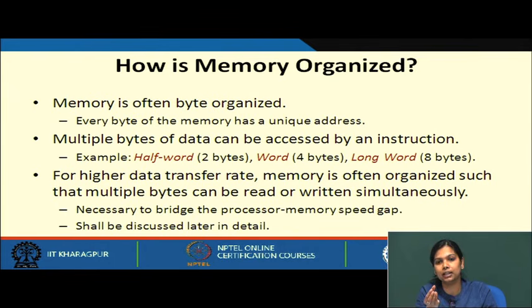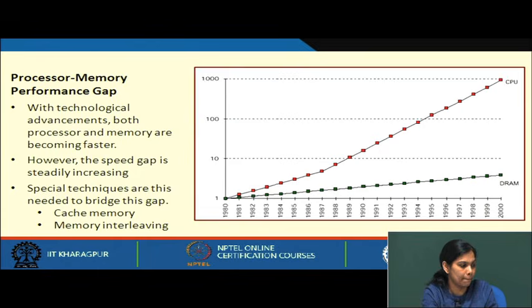As you know, processor speed is increasing, memory speed is also increasing, but not at the pace at which the processor is increasing. So, this picture will show you the processor memory performance gap.